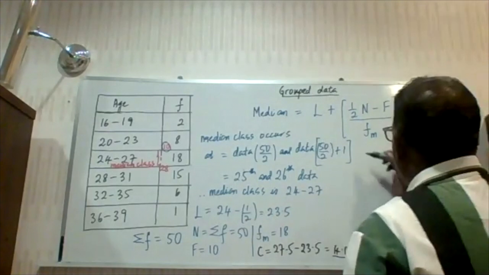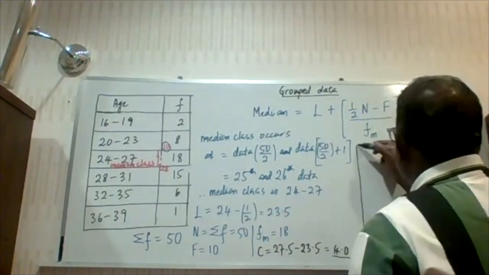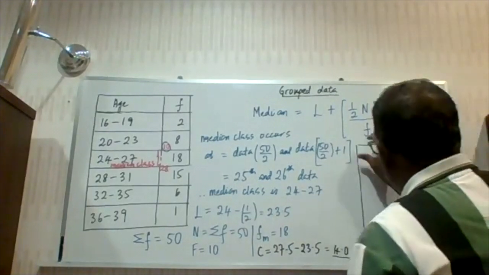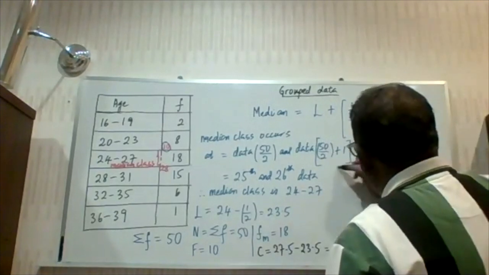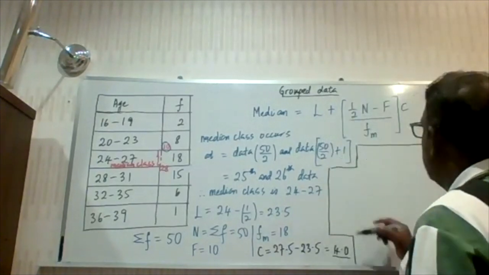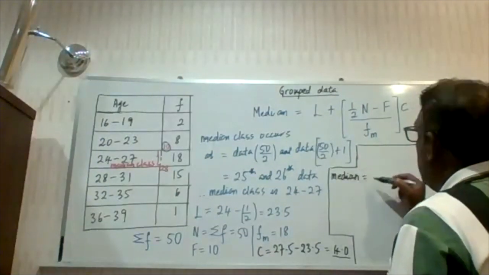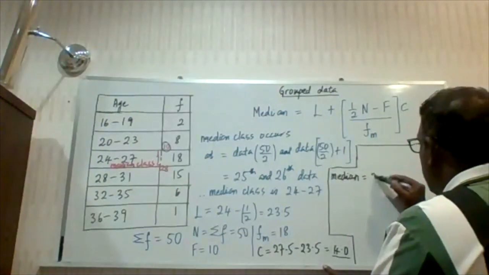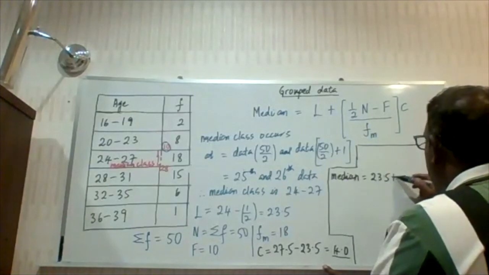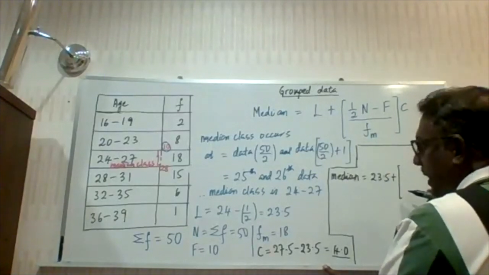Now I can find my median. So I'm going to do it here, in this little space. The median will be equal to the lower boundary, which is 23.5, plus half my n.